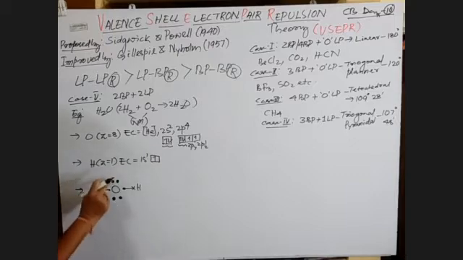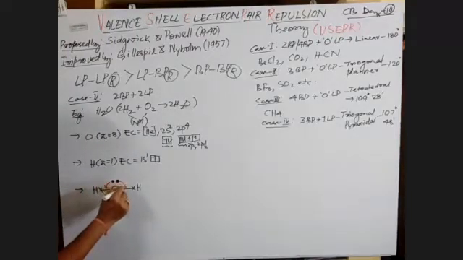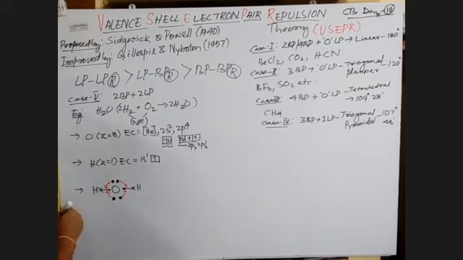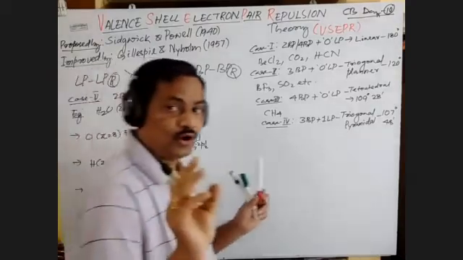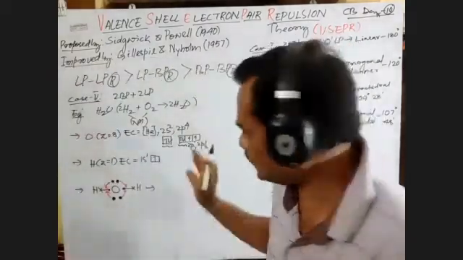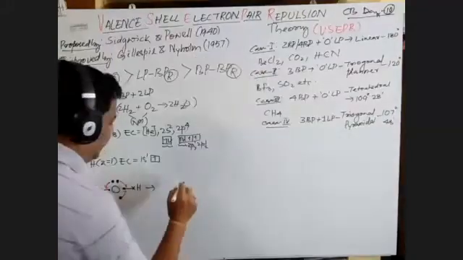So the presence of this lone pair, what will it do? This lone pair will repel the bond pair of electrons. The angle will be disturbed here. Already I told you the lone pair will occupy more space around the central atom. The shape will be like this.